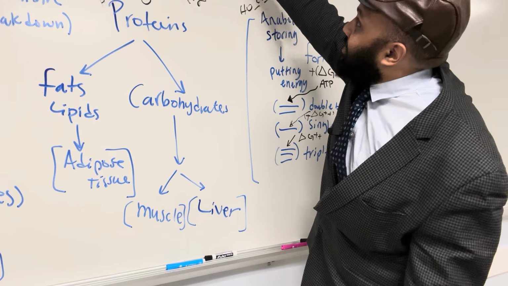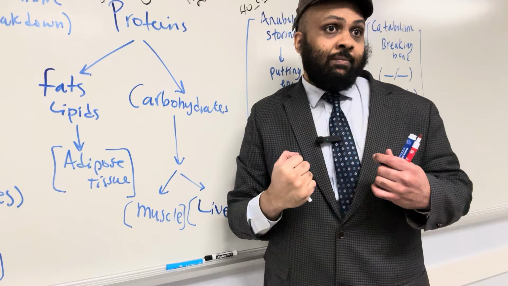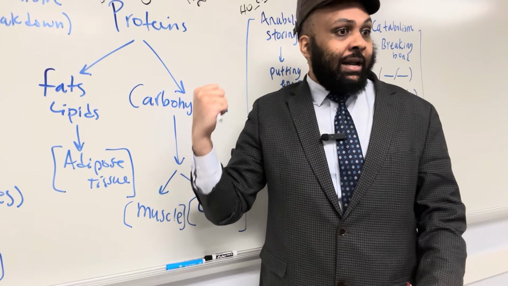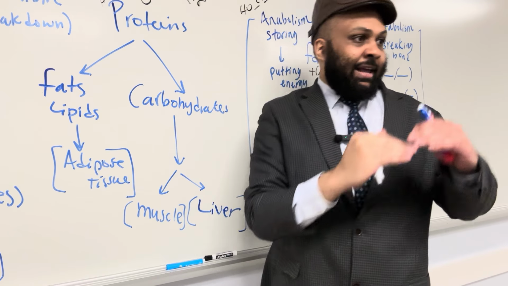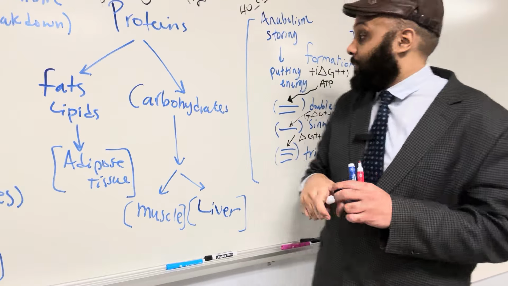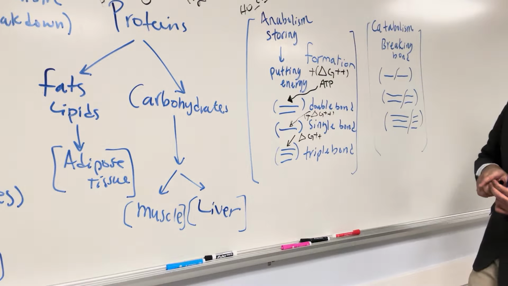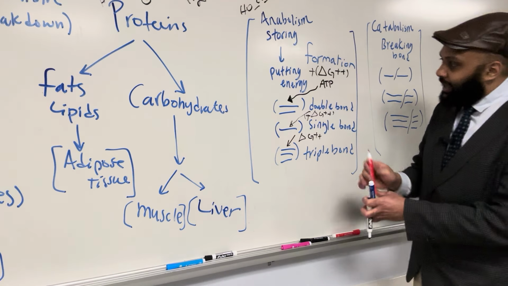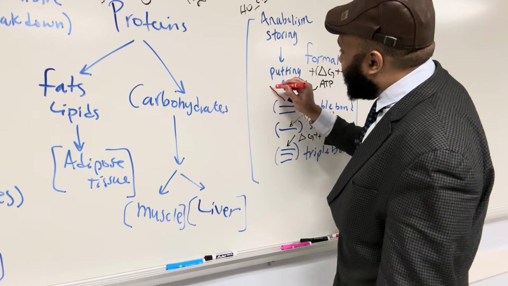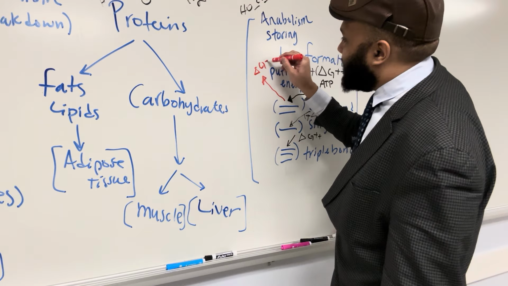So when I'm running the marathon, I break that bond, energy comes out. I feel a burst of energy. You see how the body works now? The body is all about making bonds so I can break them later. Anabolize, make bonds so I can break them down later when I need to exploit the energy. I make a bond for delta G so that when I break it, the energy comes out and I use it.